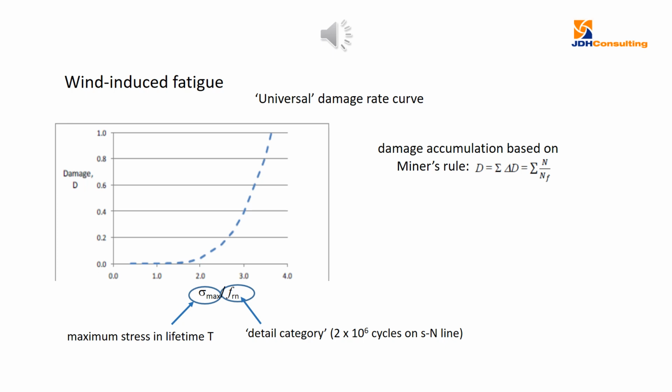If you do that, you end up with the graph shown on the left: damage against the ratio between the maximum stress in the lifetime T and the detail category, which defines the particular SN line. Because we have a single non-dimensional stress cycle line and a family of similar SN lines, we end up with a single, universal damage rate curve, as shown.